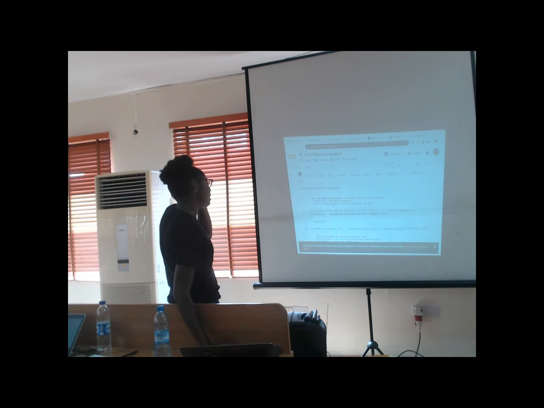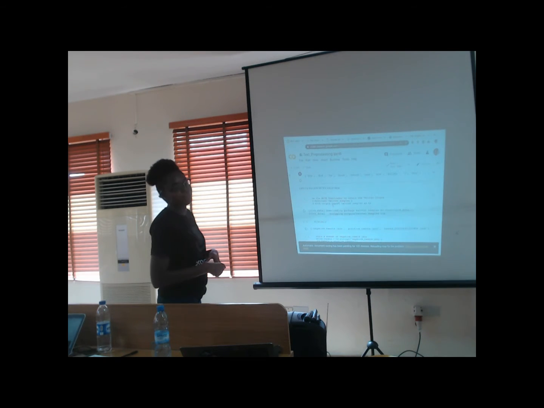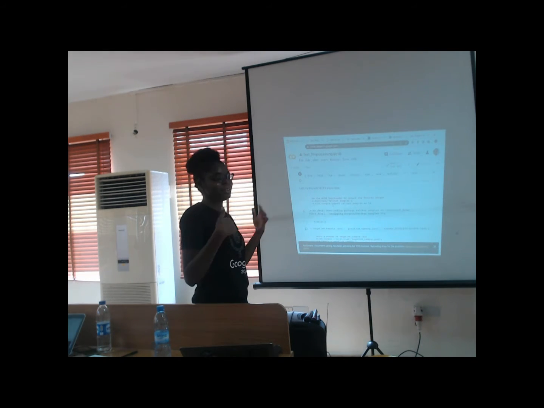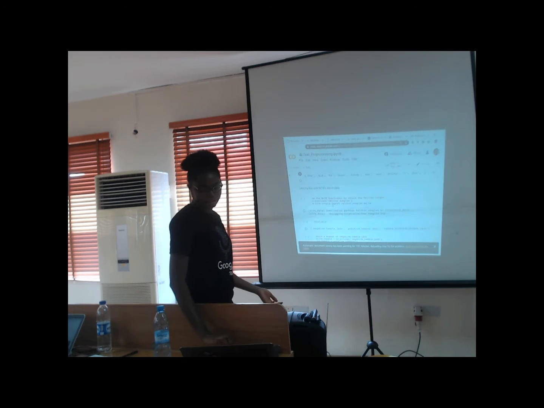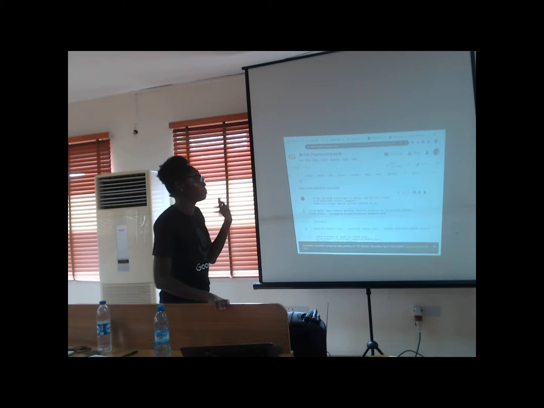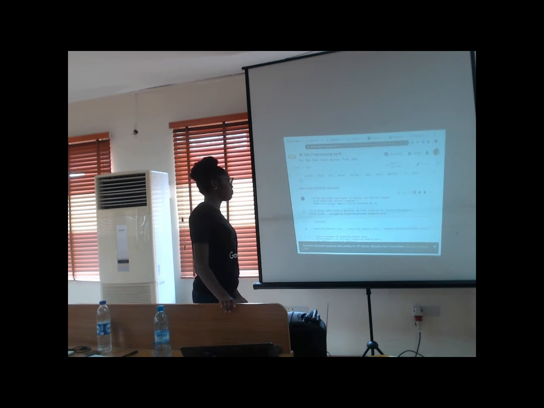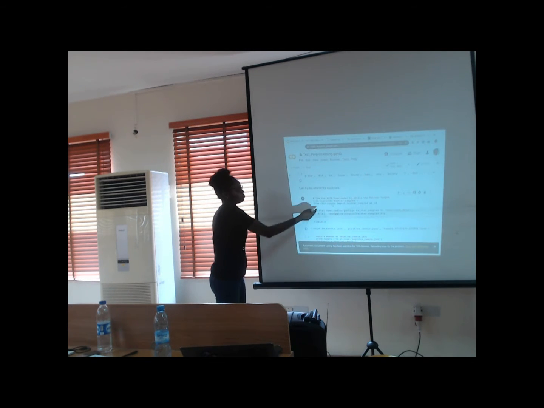NLTK has datasets in it, inbuilt data actually. If you want to practice without having your own text data, you could just download from their collection of datasets. This one here is Twitter samples. I think they scraped it from Twitter. First you download the Twitter corpus, which is the name of the corpus.